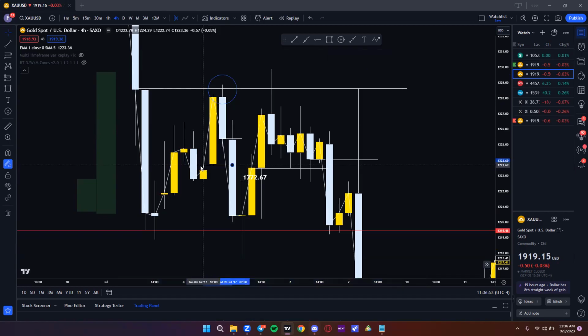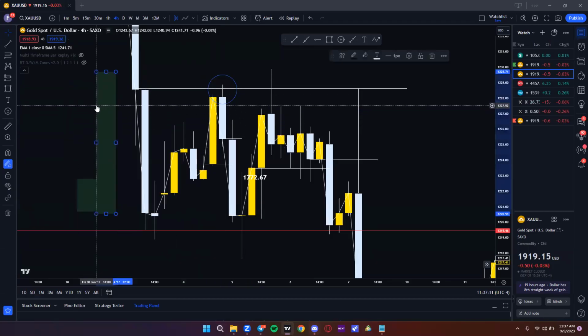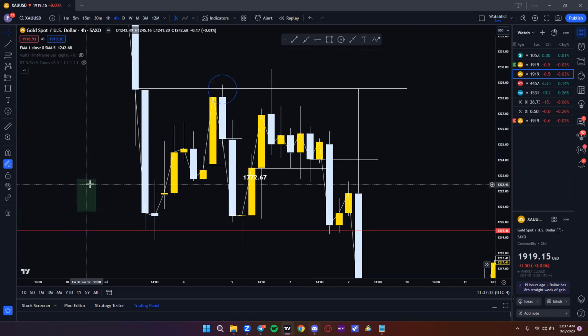Even if I mark it out, close, open, gap level, it did not do anything to this. It didn't reject it. It just stopped there, so you could just call it indecision. But then the next candle shows us rejection. It opens up, rejects this level, and then it closes below.